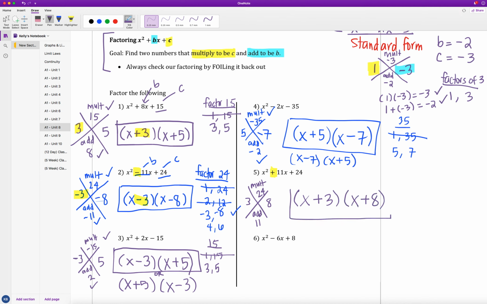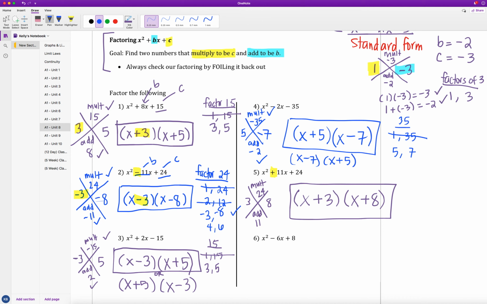And although it looks really similar to the answer we got on example 2, the fact that this is a negative and this is a positive, and I have a negative 8 and a positive 8, makes a huge difference, and those are indeed two different answers. So make sure you're paying attention to the signs as we go through these.